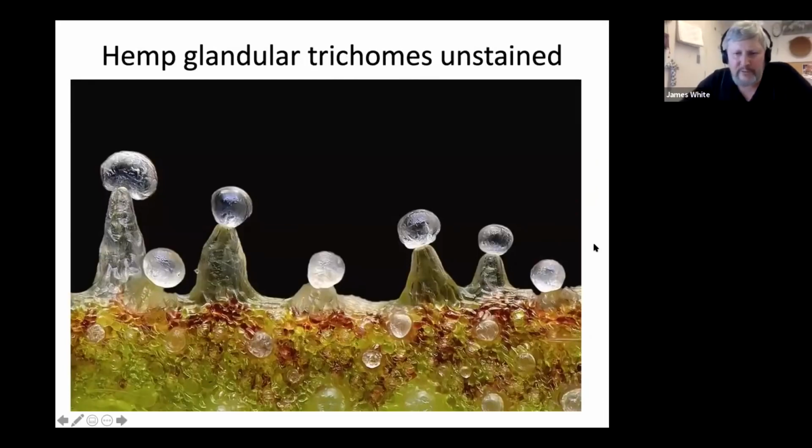This shows the glandular trichomes from the side. You can see the stalk, and you can notice the stalk is a little bit green. That's because the stalk has chloroplasts in it, and it's the chloroplasts in this stalk that provide the sugar that drives activities, including nitrogen fixation. We hypothesize there's no chlorophyll in the glandular trichome heads.